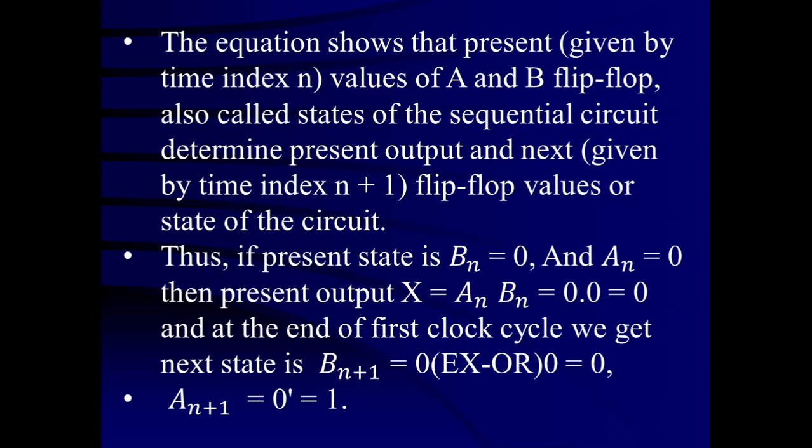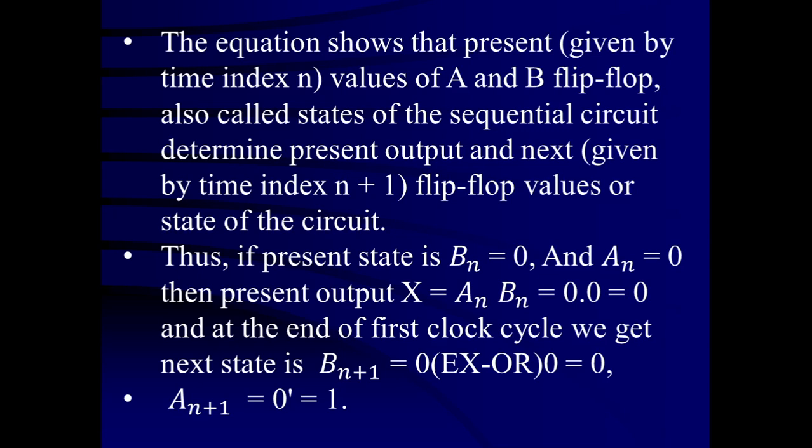Whatever we have studied is written over here, so we are going to read it. The equation shows that the present state of the flip-flop is given by the time index n. The values of the A and B flip-flops, also called the state of the sequential logic circuit, determine the present output, that is An and Bn.